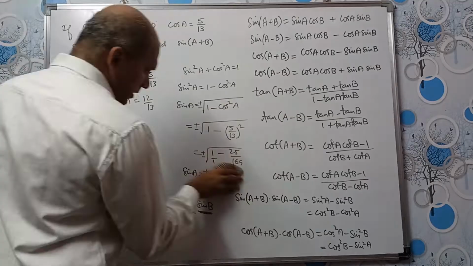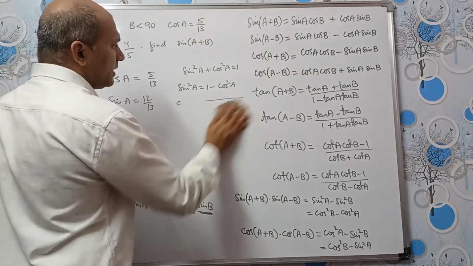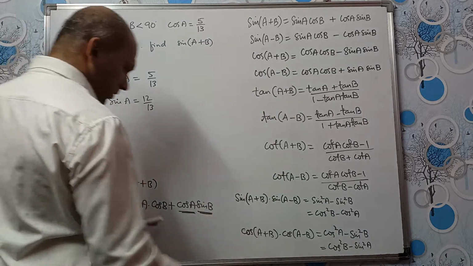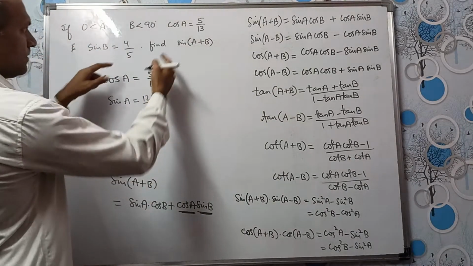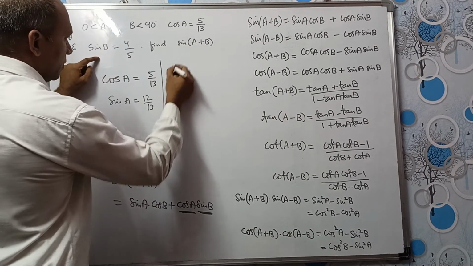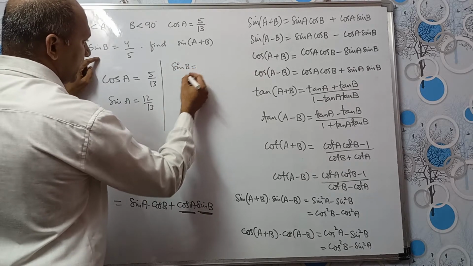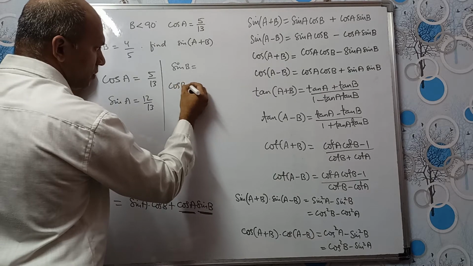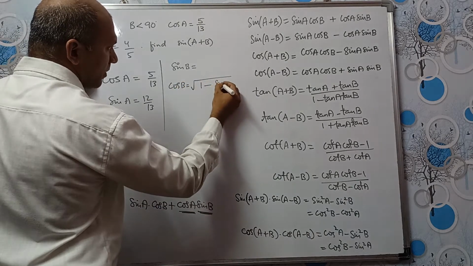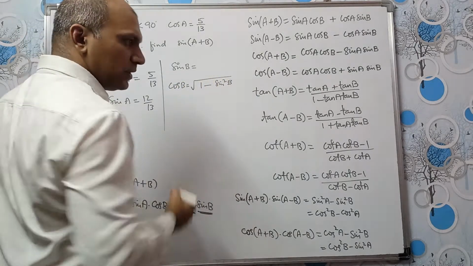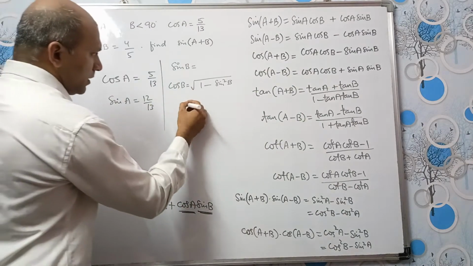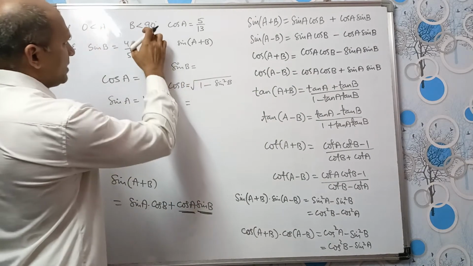Okay. In the same way, let us find cos B. See, sine B is given to us. If you want to find cos B, can we write it in the form of the root of 1 minus sine square B? Yes, plus or minus will come, but B is less than 90, right?